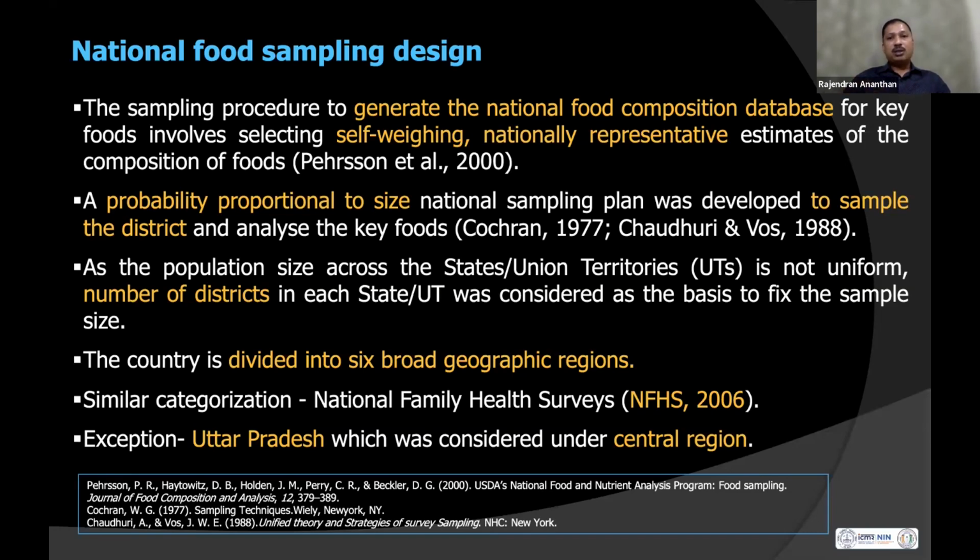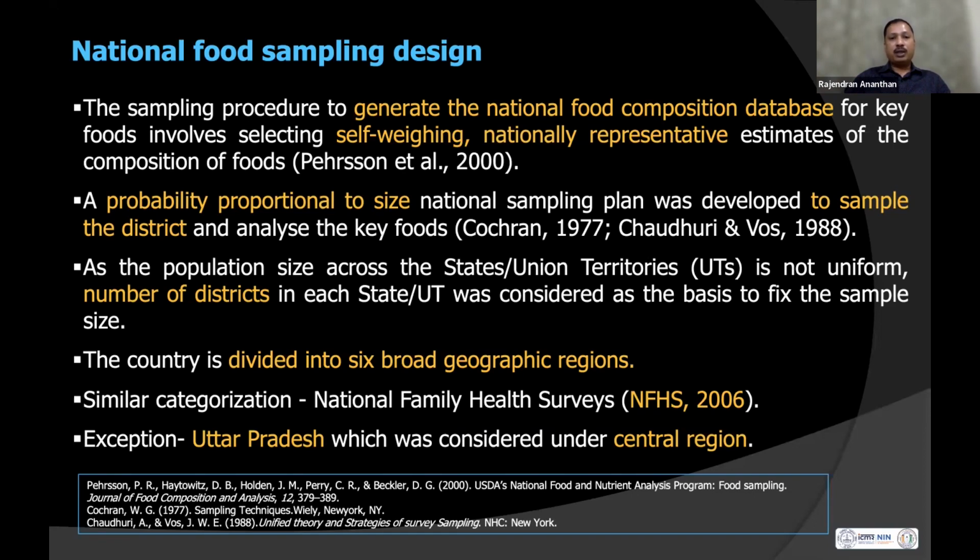We cannot go based on the population per se, because the population varies depending upon the state. So without changing the probability proportional, we have restricted the number of districts per state.